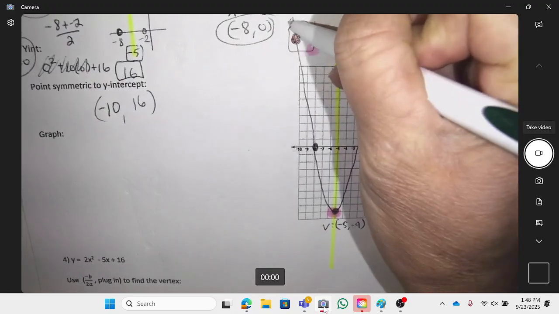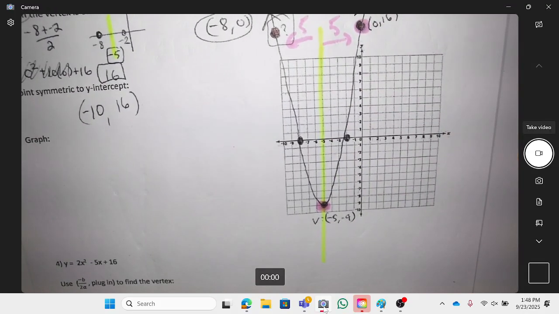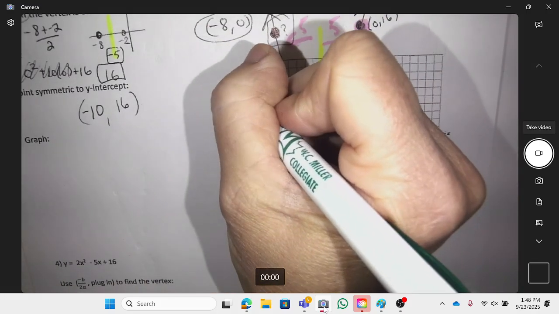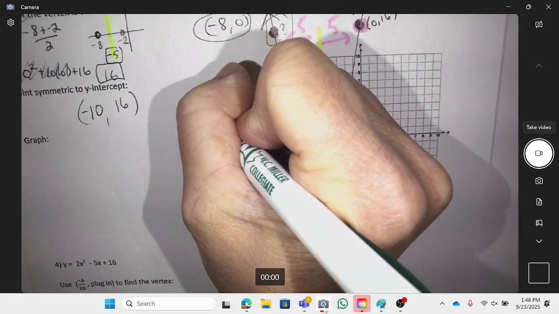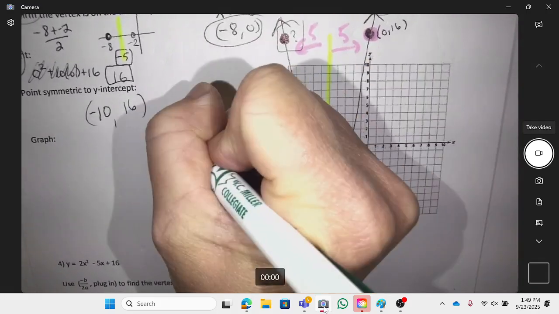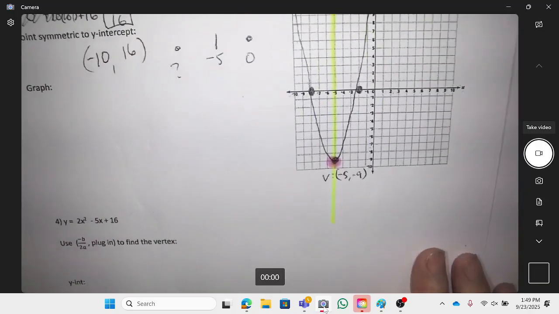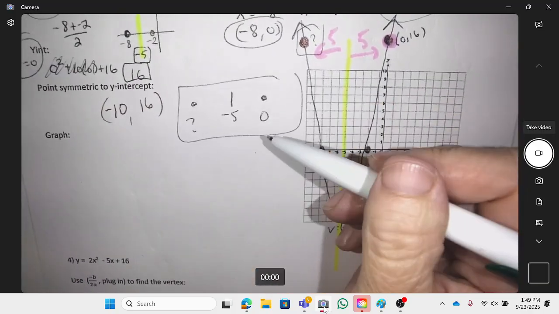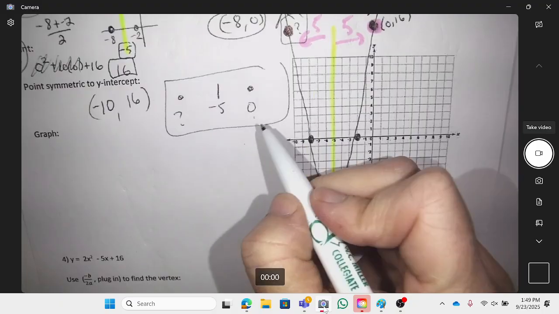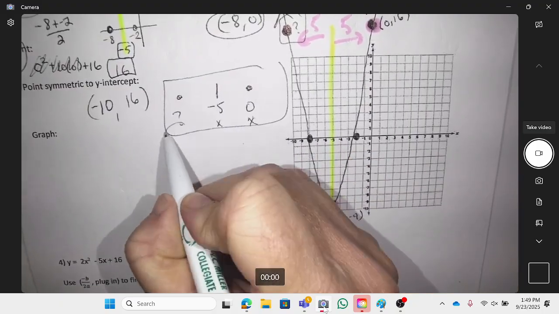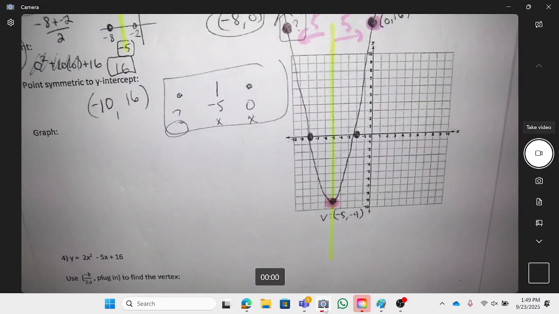You got to think about, you're always in the middle. So 0, negative 5, negative 10. Okay, so this was my strategy. This was the x value, this was the x value, and this time we were going that way instead of the middle, right?